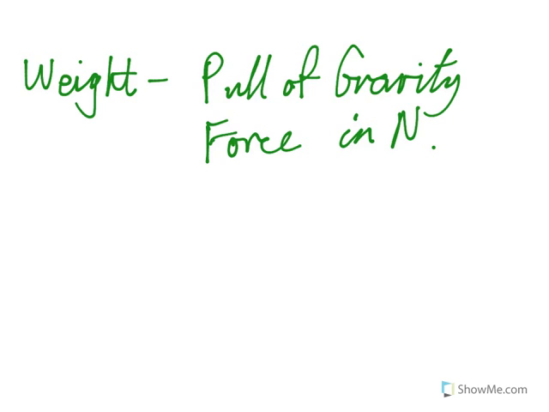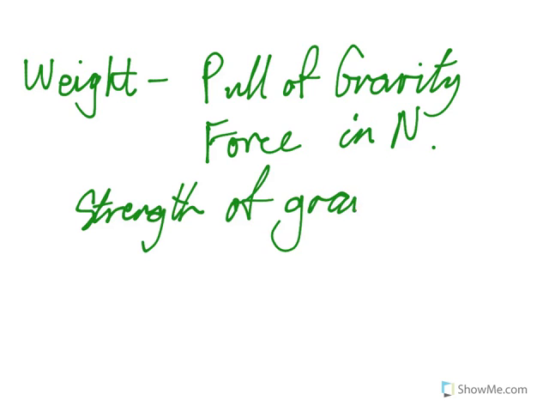What it depends on is the strength of gravity. If you went to the moon, unless you lost an arm or a leg on the way, your mass would be the same, but your weight would be different because the strength of gravity on the moon is different. So pull is the missing word there.